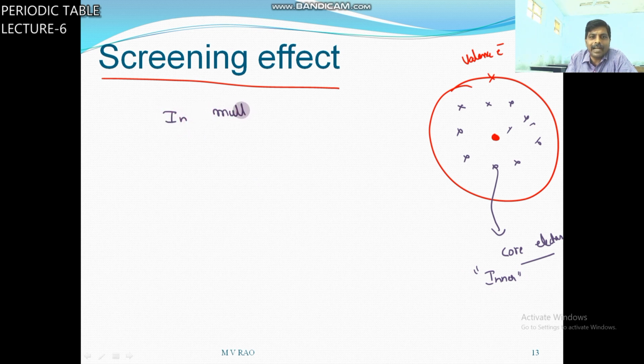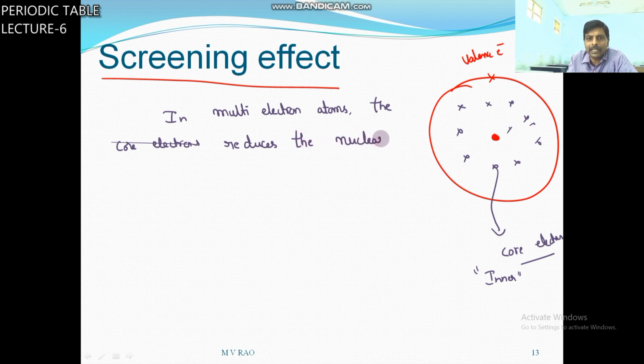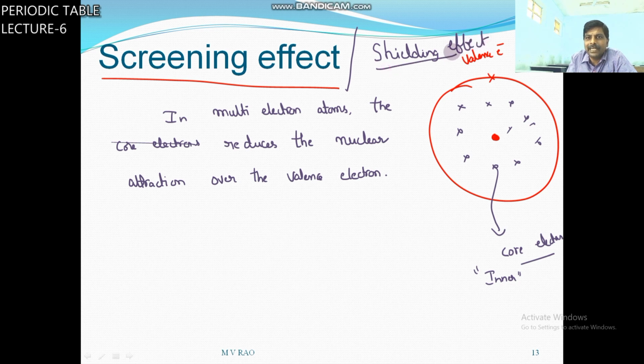In multi-electron atoms, the core electrons reduce the nuclear attraction over the valence electron. This is called the screening effect or shielding effect. What is the screening effect? In multi-electron atoms, the core electrons reduce the nuclear attraction over the valence electron.